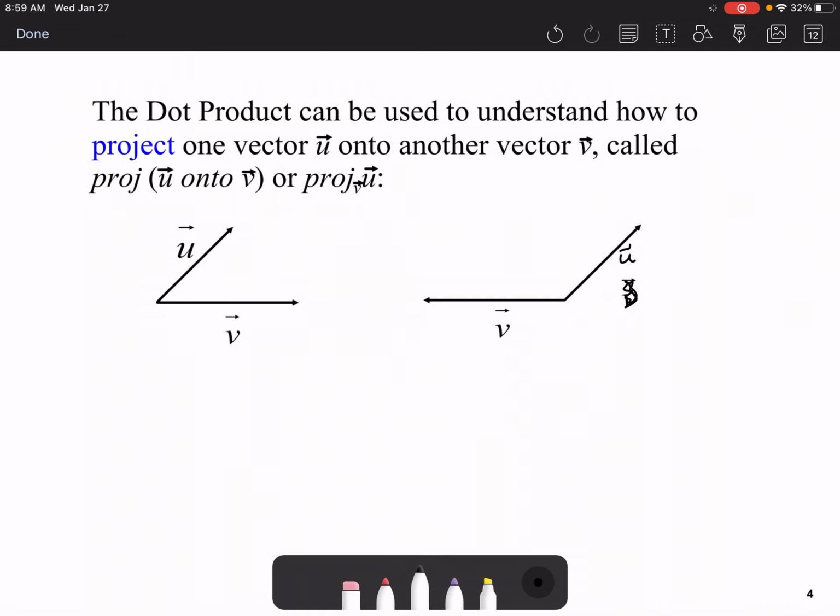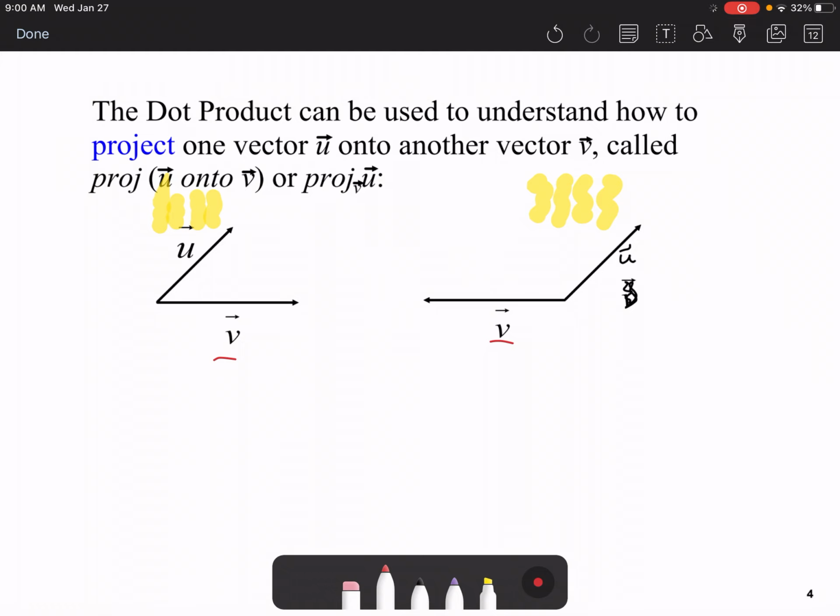Okay, so just imagine that you have a light source that is perpendicular to v, shining down. So I'm going to draw a little light source here, a little light source here. As you can see, it's perpendicular to this vector v that we have down here.